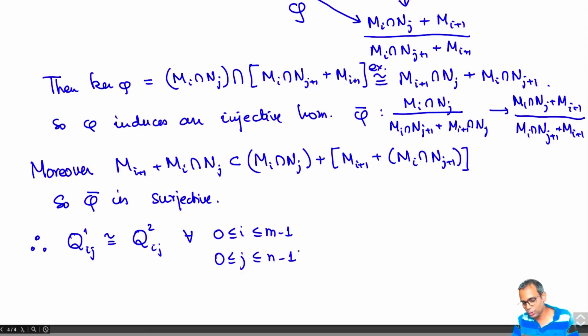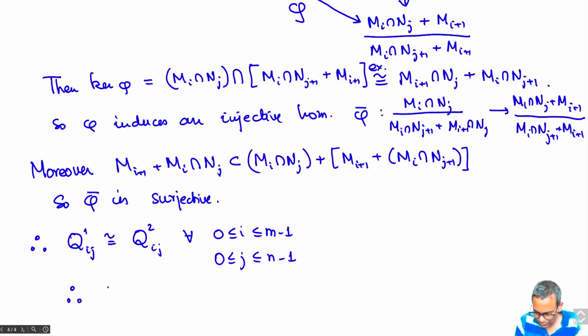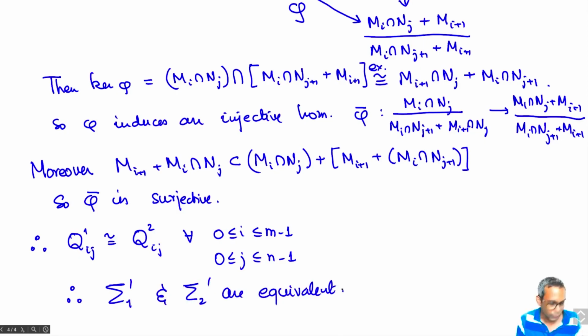And then the remaining quotients are just 0 because the last module in the composition series in each row is the first module on the right. And so you can just remove those by merging those terms. Therefore, sigma 1 prime and sigma 2 prime are equivalent, completing the proof of Schreier's theorem.